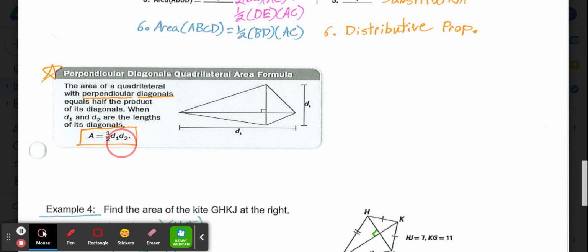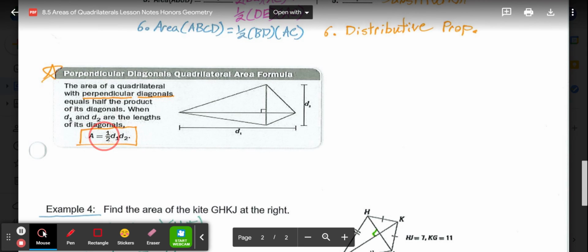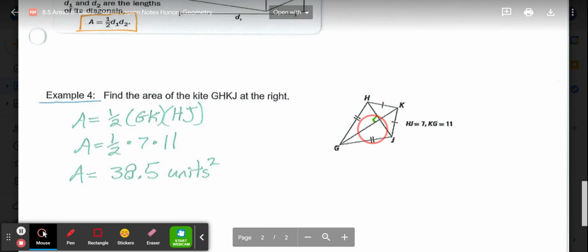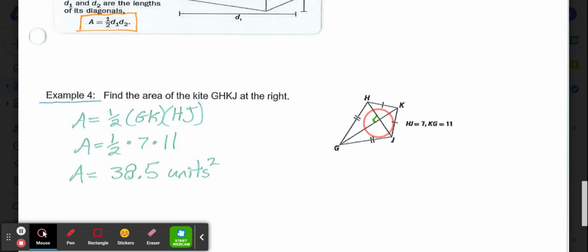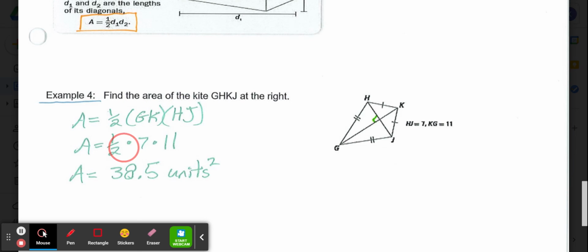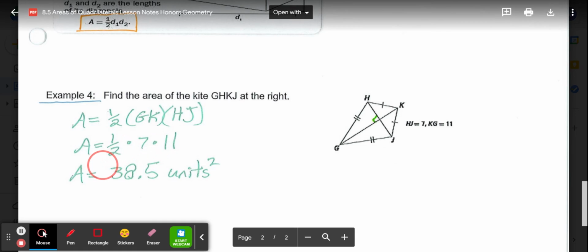So it would be diagonal 1 multiplied by diagonal 2 multiplied by 1/2, or divided by 2. If we're looking at a kite, whose diagonals we know are perpendicular, the area is half the product of the diagonals. So HJ times KG, 1/2 times 7 times 11, gives us an area of 38.5 square units.